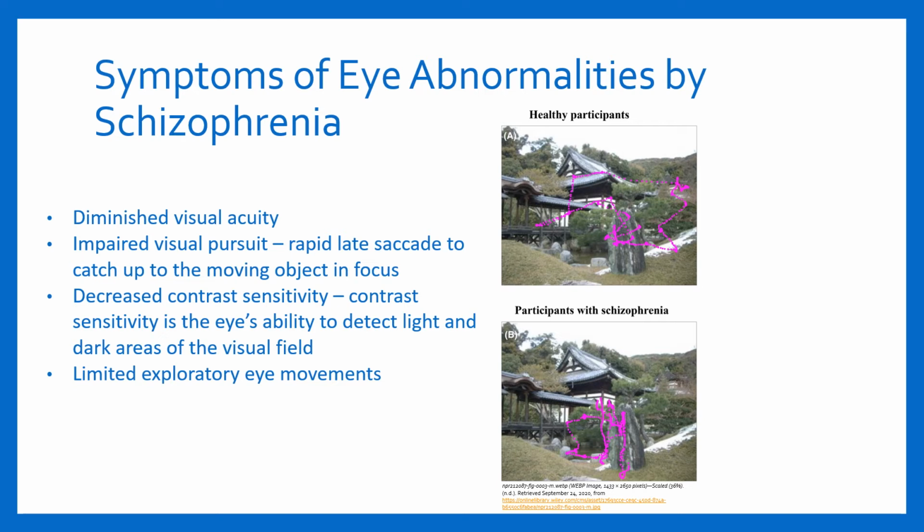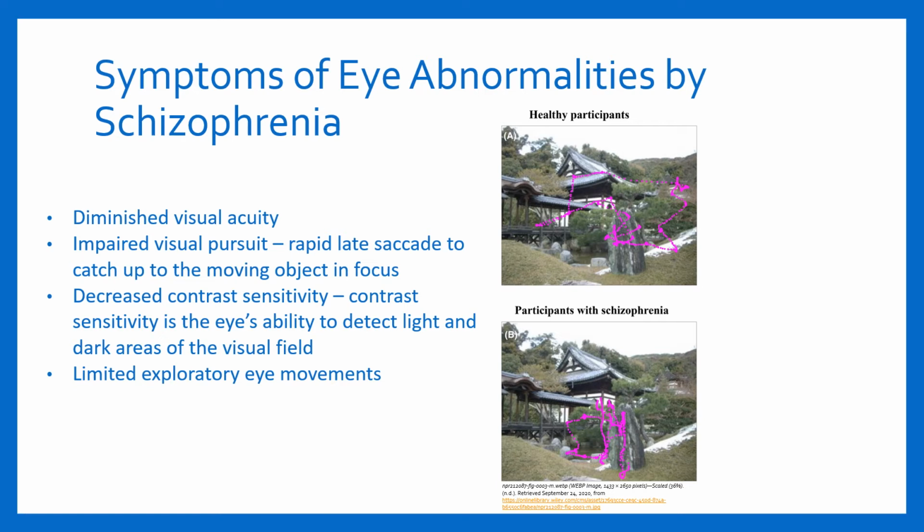And because the macula and the fovea are responsible for central vision, this atrophying causes diminished visual acuity. And in just the previous slide, we discussed that schizophrenia with that excess level of dopamine can cause decreased contrast sensitivity. Now it's time to talk about the movements of the eyes.